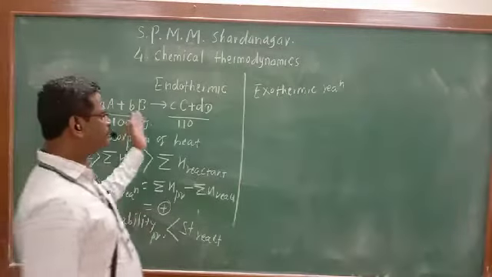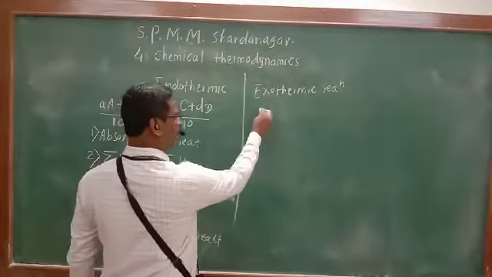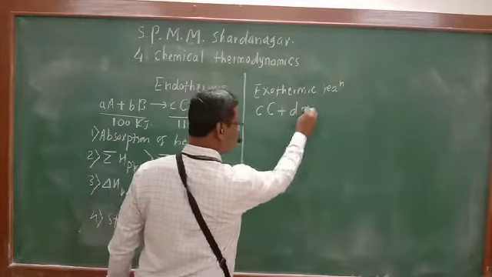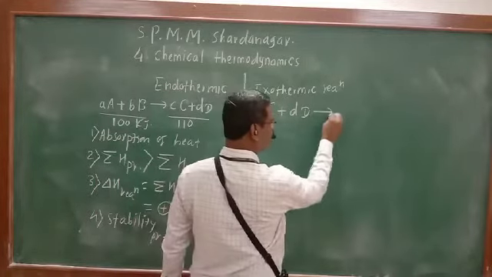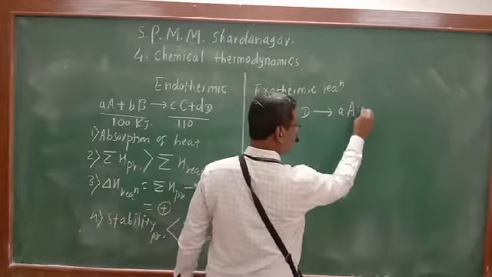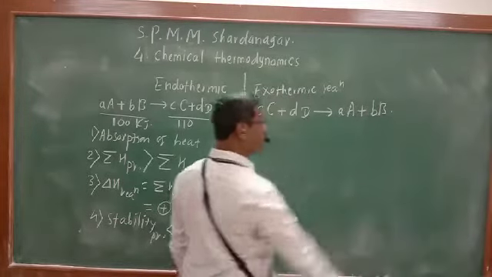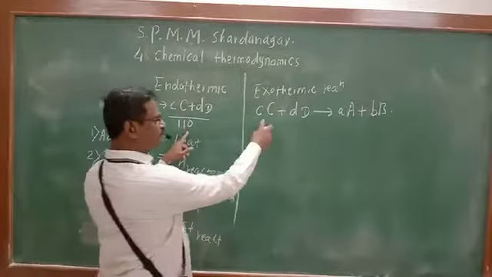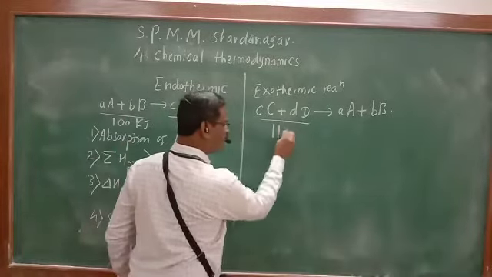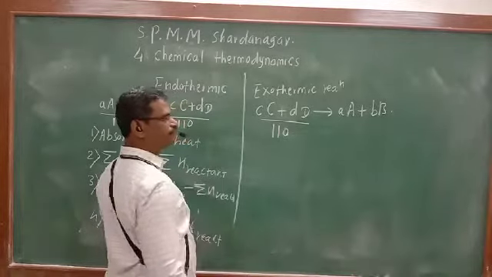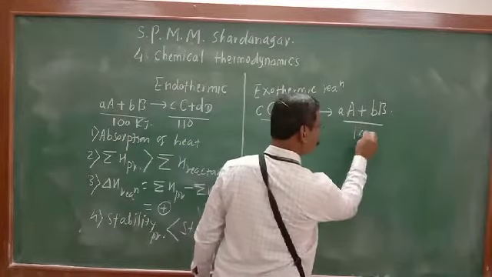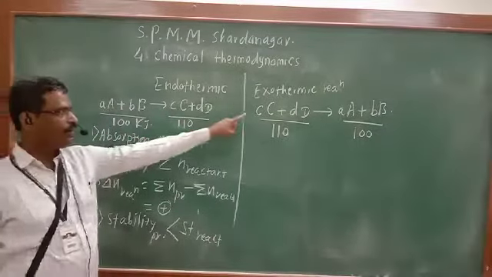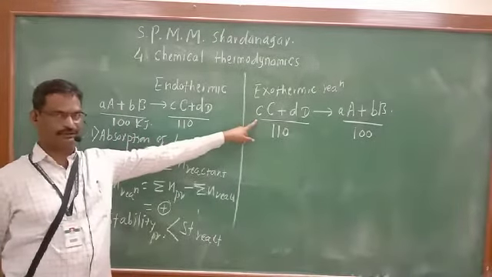If this reaction is written in the opposite manner, C moles of C plus D moles of D converted to A moles of A plus B moles of B, here C, D have energy 110 and here they have energy 100. This reaction I have written in the opposite manner.